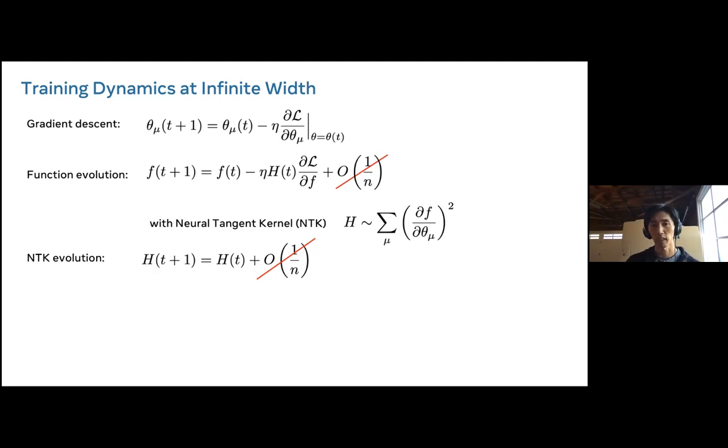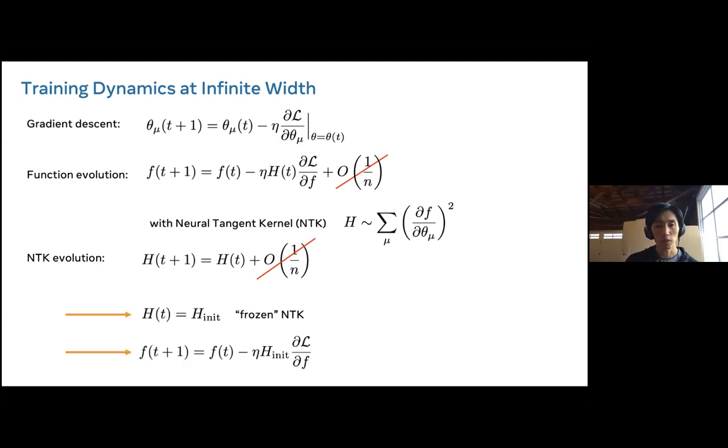And you might think that, oh, I wrote the NTK with a t, so it might depend on time, iteration, but it turns out that the change in the NTK is also 1/n suppressed. Here n is the number of neurons in the hidden layer. If you take the infinite width limit, then it's going to go away. So basically in this limit, it turns out after some long song and dance that the NTK doesn't evolve. The NTK would be fixed or frozen at the initial value. And the function evolution simplifies further because you can take it to be constant.